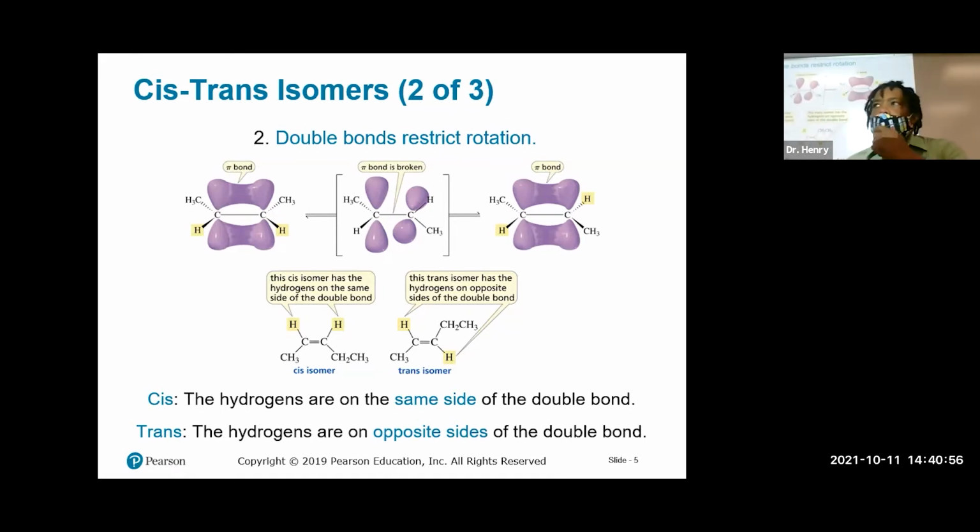Here we also could have cis or trans, but you can't rotate the way we can with the single bond. You notice that? Can you rotate the way you can with the single bond? No, you can't. So literally you have to unplug and plug. With the double bond, you're not able to rotate. You lack the rotation.